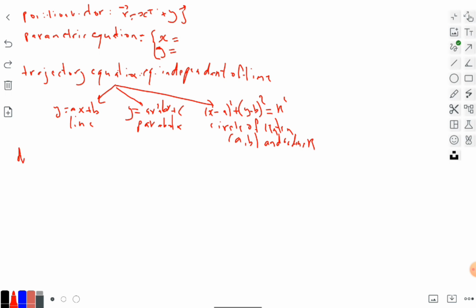Distance OM equal radical x square plus y square.